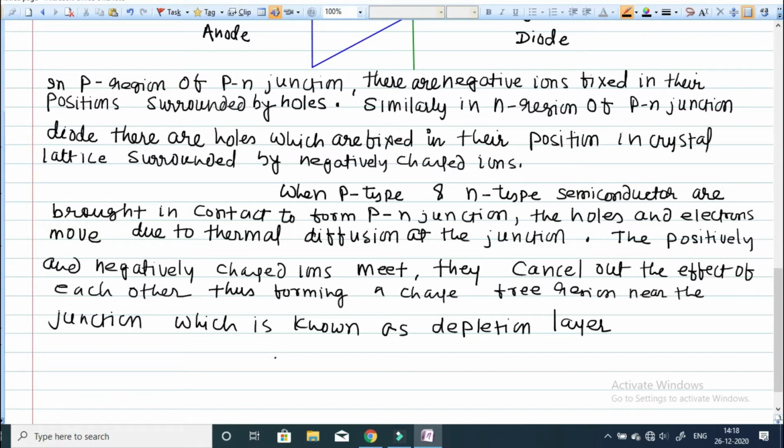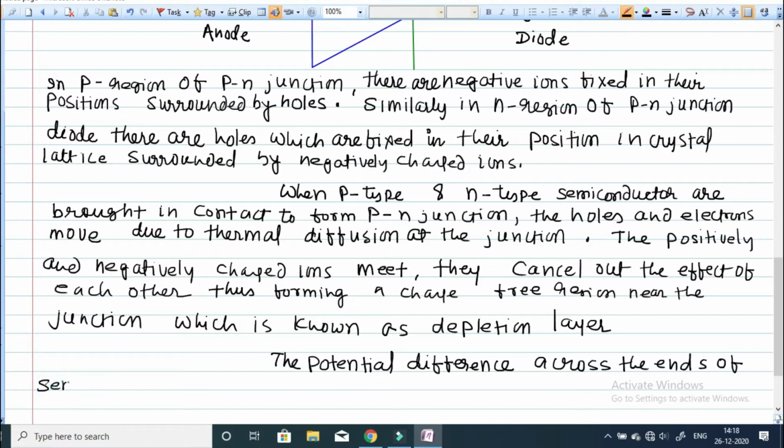So now we can define it. The potential difference across the ends of the semiconductor diode is termed as barrier potential.